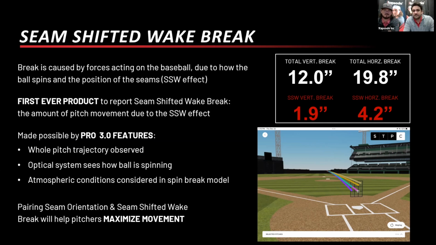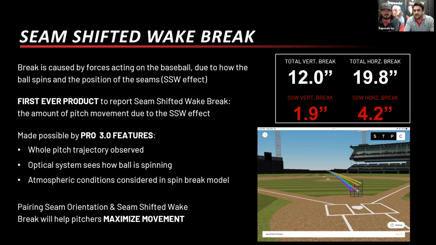And one of the big things here as well, I mentioned that we're seeing how the ball is actually spinning, so we can see how it should have moved based on how it was spinning. One of the big things there is taking into account the atmospheric conditions into our spin break model, which is something that's new with the Pro 3.0, because as a fluid dynamicist, the way that objects move passing through fluids is in large part due to the properties of the fluid they're moving through, which in this case is air, as well as the properties of the object itself.